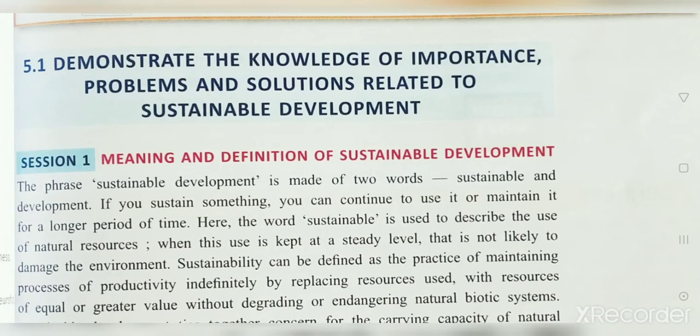Because of our needs, we humans are destroying our surroundings and spoiling our environment. If this continues for another hundred or fifty years, then definitely the natural resources will not exist. When we don't have natural resources, how can the next generation survive in the world? So we have a question mark.